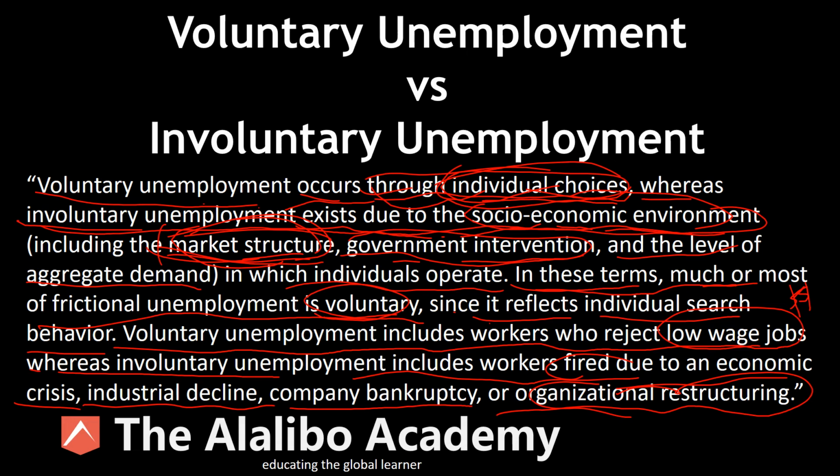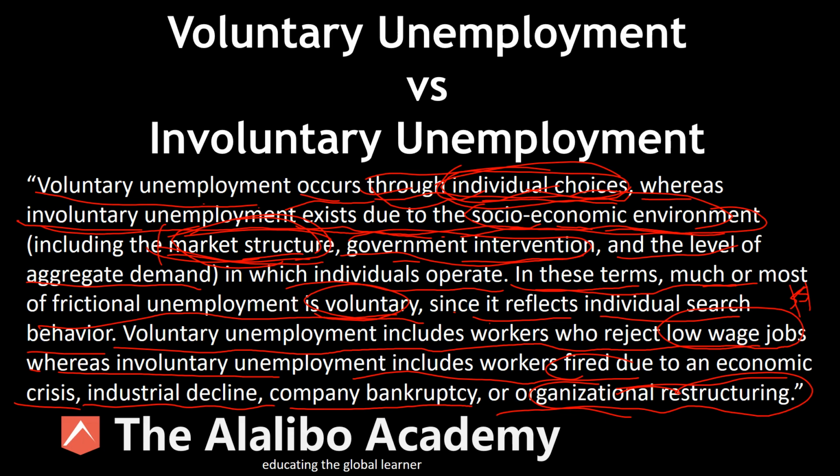And this is a very important point for us to understand. So there's work for you, but you're not interested because the pay is not good, right? You are voluntarily unemployed because there's work for you and you are not interested. And so involuntary unemployment then includes workers who are fired due to economic crisis, industrial decline, company bankruptcy, organizational restructuring, and many other factors that impact companies in the economy, right?